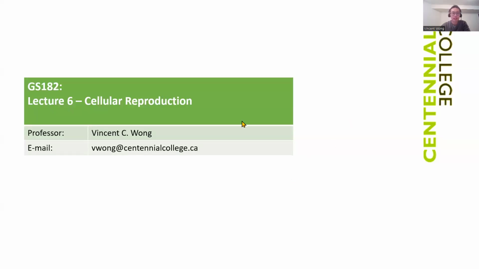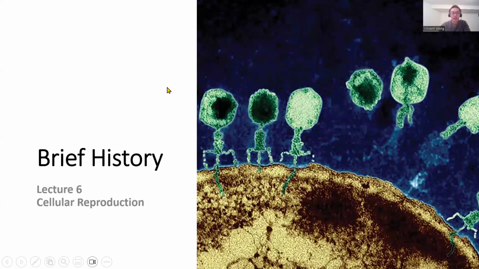All right. So here we go, lecture 6, cellular reproduction. Before we go into some of the mechanics of how a cell reproduces, there are a few important history lessons that we have to go through.